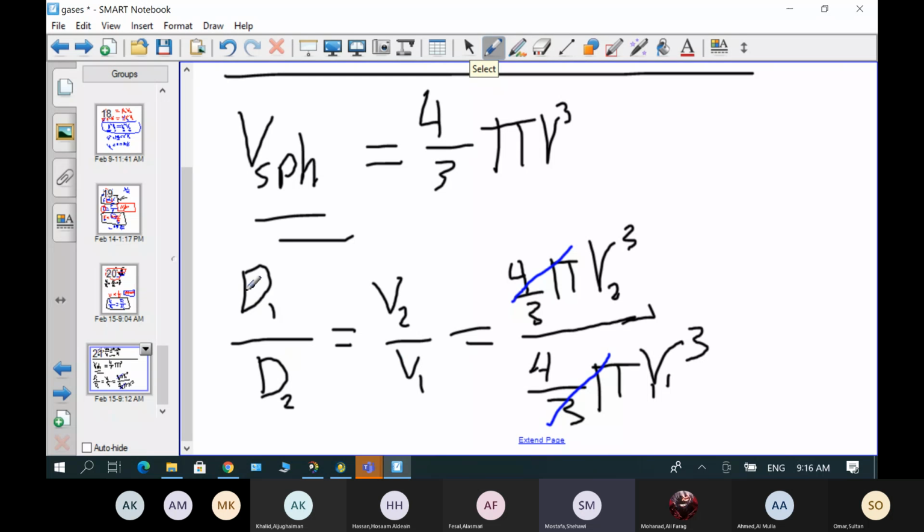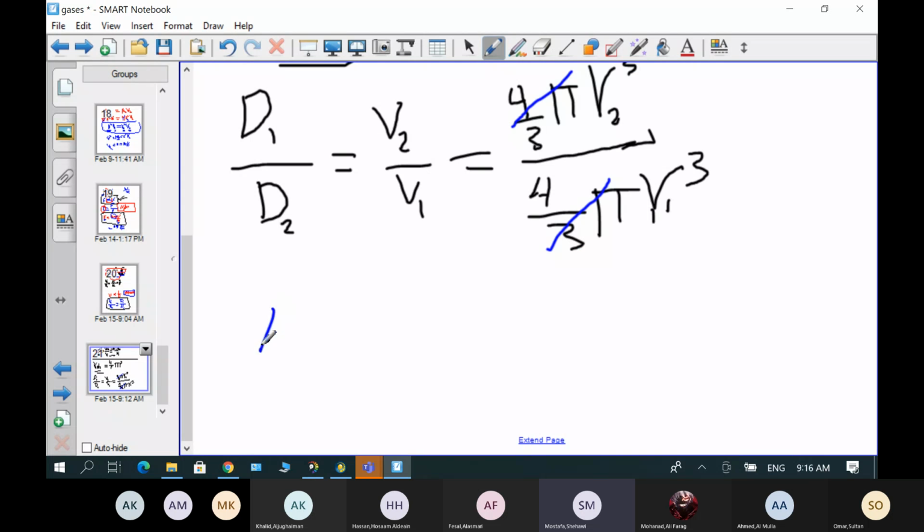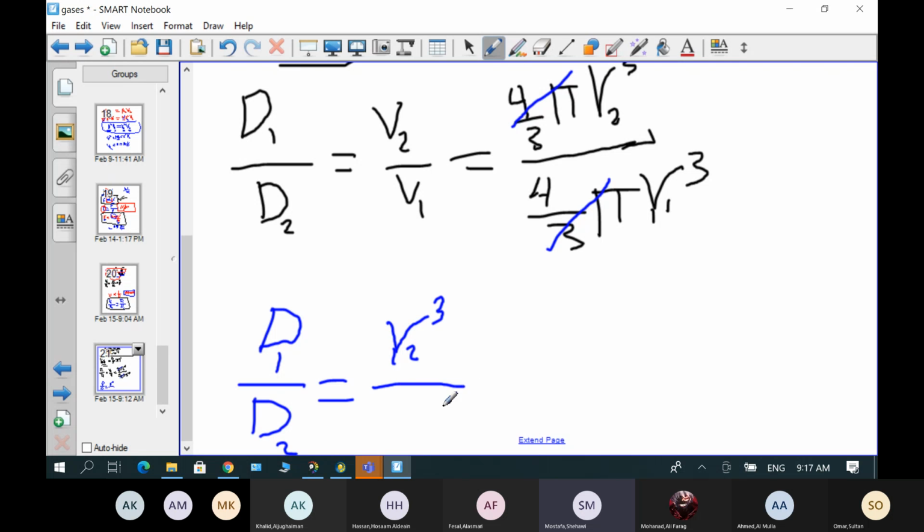So if you want to replace another relation using the radius, Hassan, with volume, you will use r cubed, not r only. So the equation will be like this: d1 over d2 equals r2 cubed, Hassan, divided by r1 cubed.